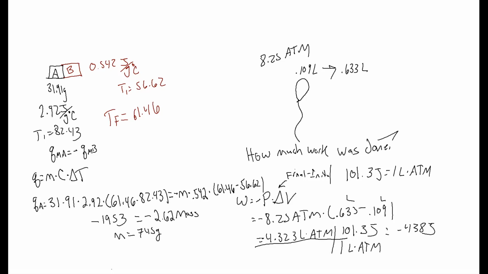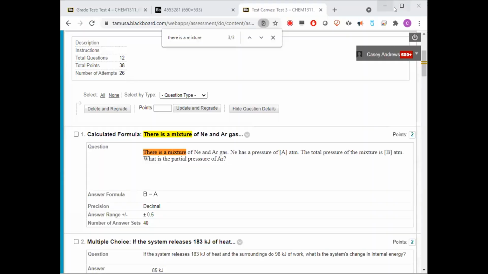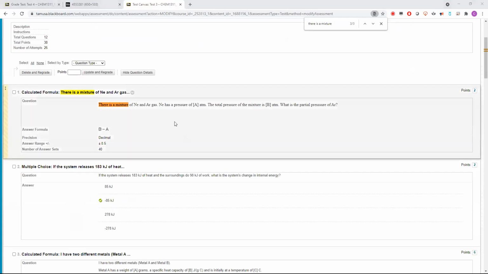So let me share this. So there's a mixture of neon and argon gas. Neon has a pressure of something atmosphere, so let's just put 2 atmospheres. The total pressure of the mixture is B atmospheres, let's put 3 atmospheres. What's the partial pressure of argon?